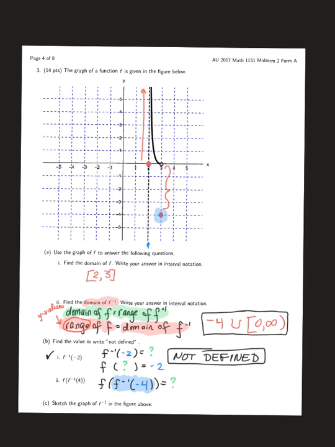So this question has now become not f of f inverse of negative 4, but it's now become f of 3, because 3 is actually f inverse of -4. So f of 3, when we plug 3 into our function, we get negative 4. We can see that this f and f inverse kind of had a canceling effect on one another.